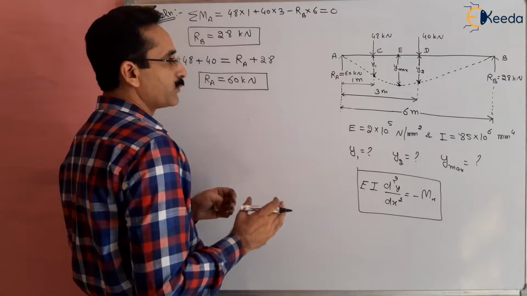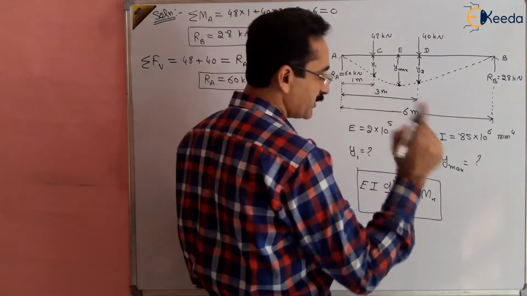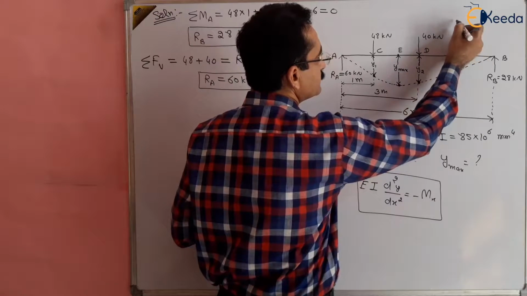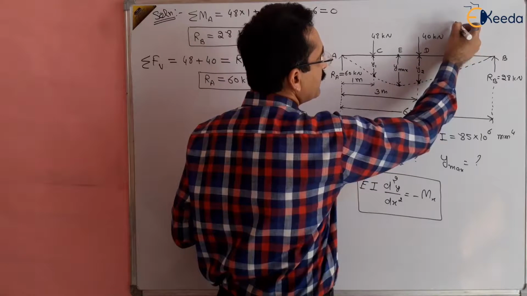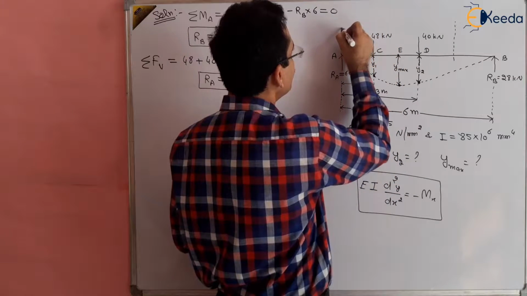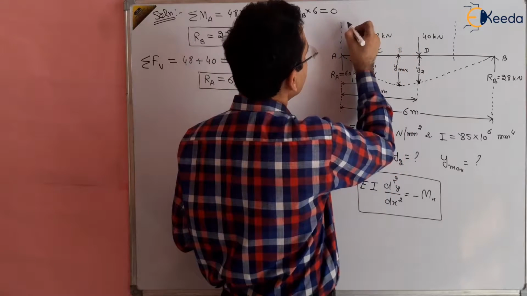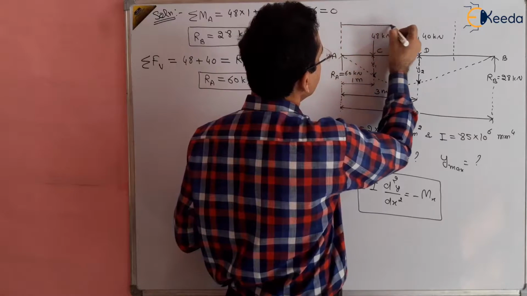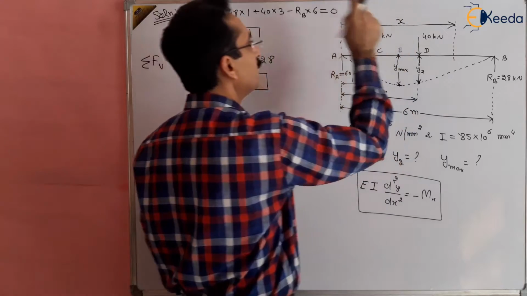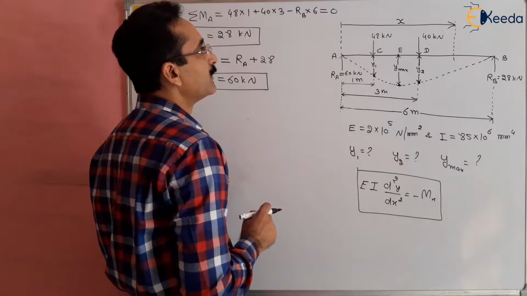But we can combine them by the dotted lines, like we have done previously in our theory lectures, so that we take only one section at a distance x, like this. We have taken only one section x, right?